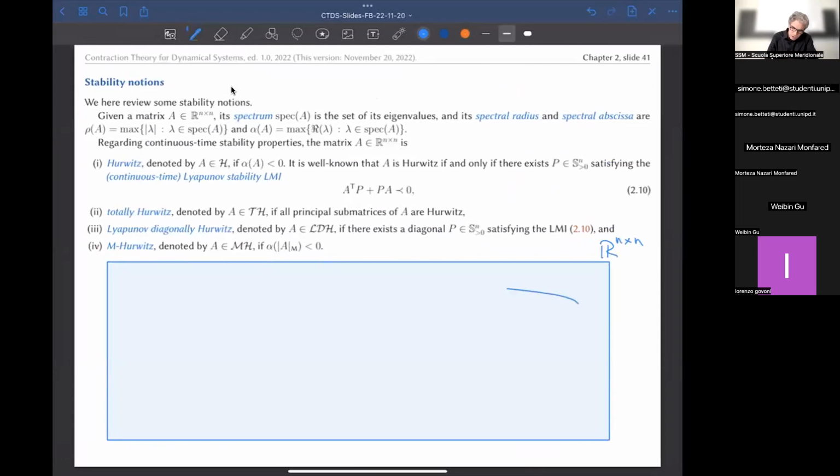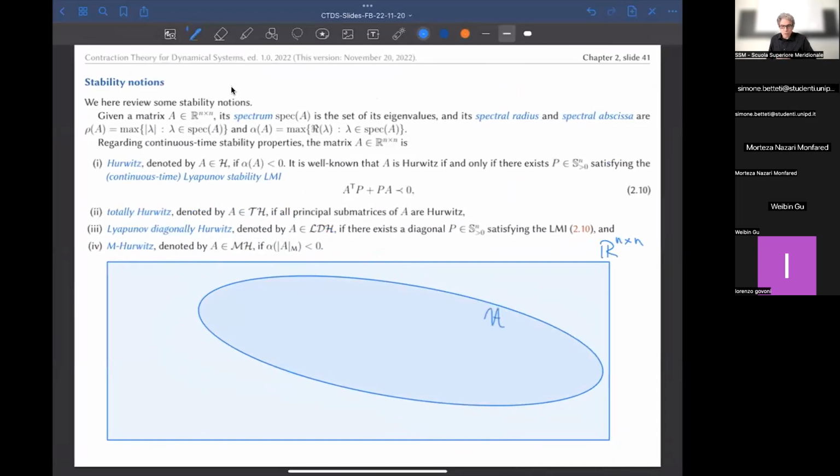Some of these matrices are Hurwitz. Hurwitz means that all of the eigenvalues have strictly negative real parts. That's Hurwitz. That's a large set, but not all matrices have that property, of course.